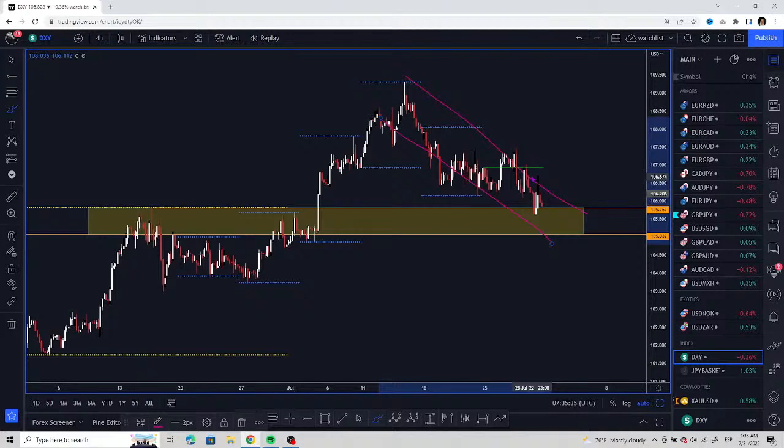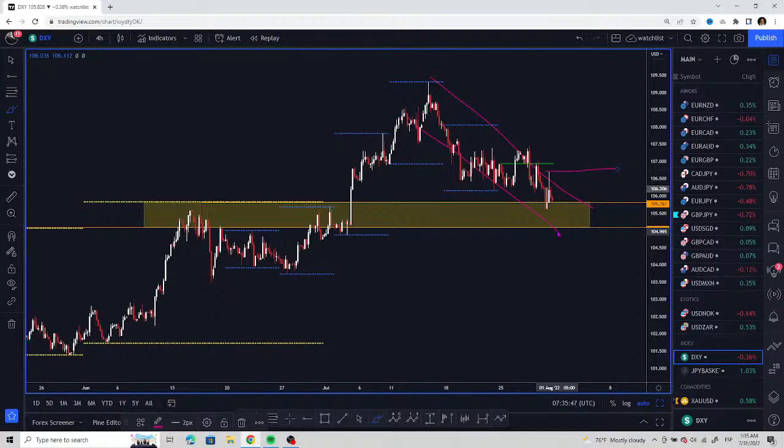So the level that I'm looking at for a bullish continuation is a break of the 106.75 level, let's call it. And I would be very interested in deep buying around the 105 level, 105.10, let's call it, on a rejection of these lows. So there's two scenarios, right?